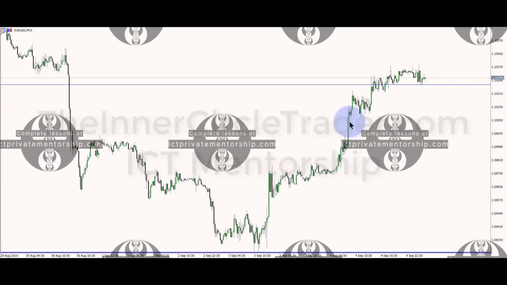Interbank order flow is going to be where there are gaps. Okay, and what do I mean by that? All of this area in here, where there's SIBI, sell side imbalance, buy side inefficiency, is going to be layered interbank order flow.